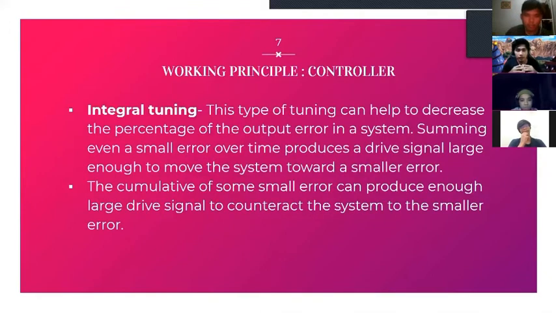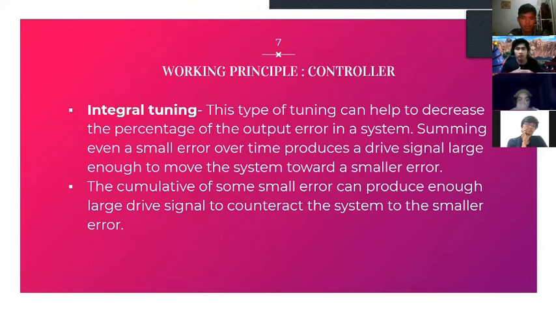The next one is the integral tuning. This type of tuning can help to decrease the percentage of the output error in a system. Adding even a small error over time produces a drive signal large enough to move the system toward a smaller error.